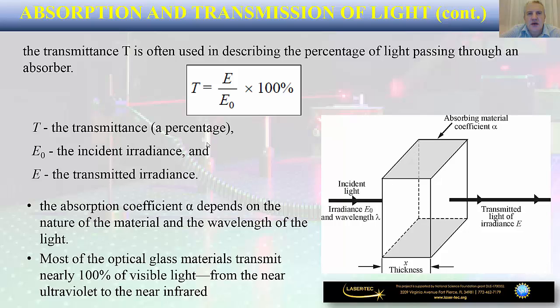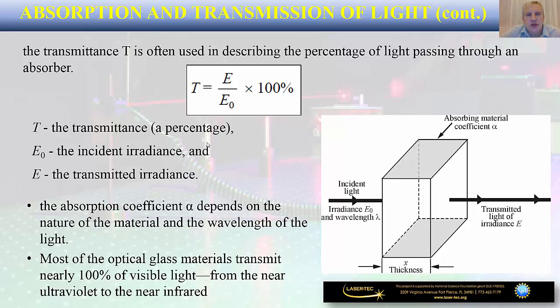We can also define so-called transmittance. The transmittance is basically a representation of how much, percentage-wise, of the input power has been transmitted over to the other side of this optical window. So if we take a ratio of the output irradiance E and the input irradiance E sub 0 and multiply by 100, we are going to get so-called transmittance.